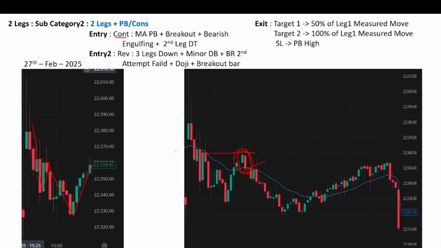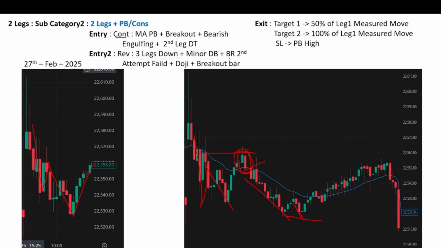and when it is making 3 legs, you should be looking out for reversal as well. So leg here, leg 1, leg 2, and leg 3. As I said, this entry condition we had discussed before, that will come again and again. So it is 3 legs down and minor DB, and bears tried one more time and failed.